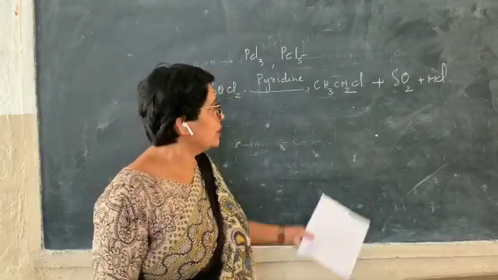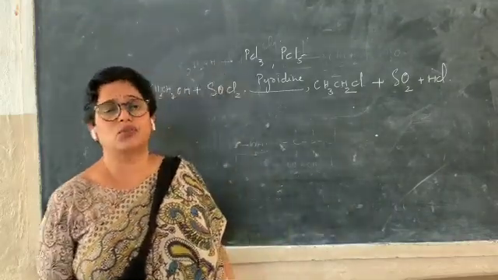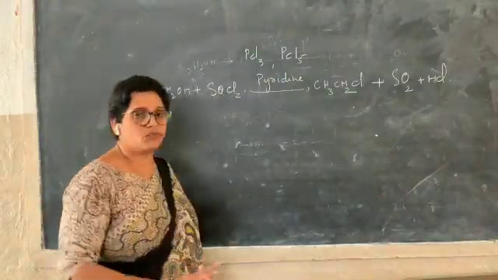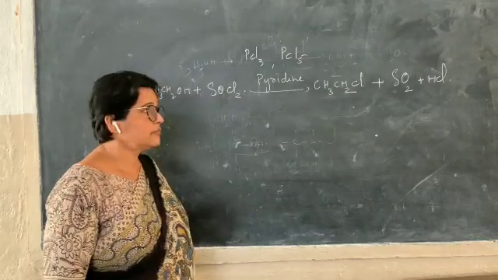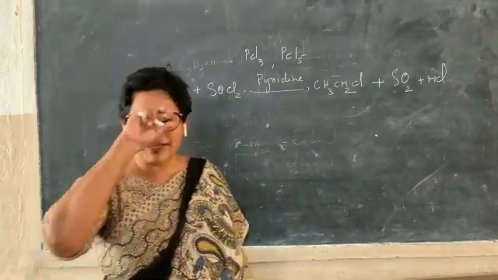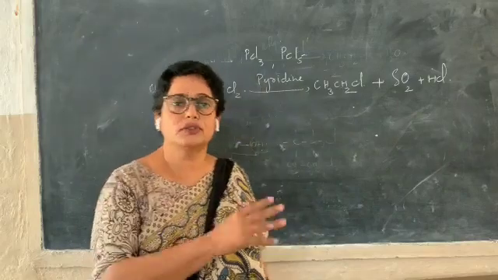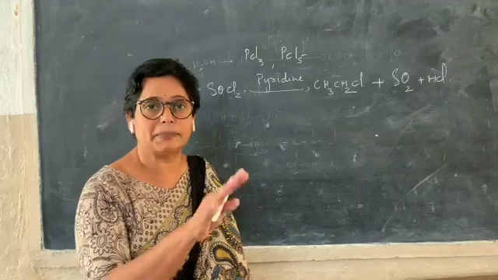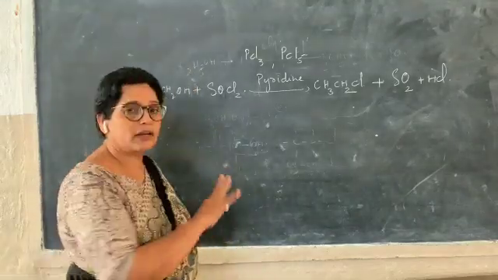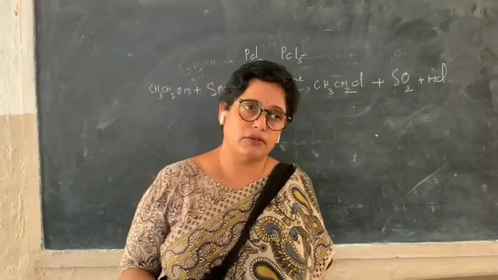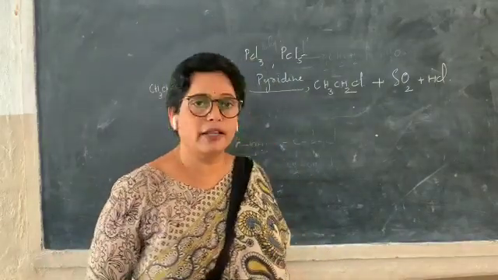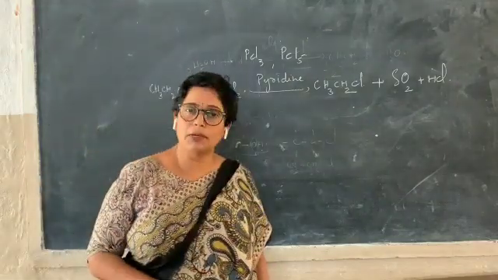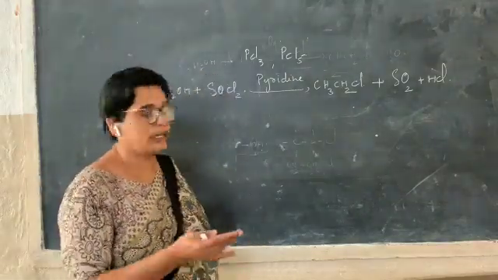In this case a mixture of HCl and SO2 will be evolved. This reaction has one importance, because if you want to prepare haloalkanes in purest form, we can choose this method, that is, reaction of alcohols with thionyl chloride. When alcohol is treated with thionyl chloride in presence of pyridine, the chloroalkane will be formed along with sulfur dioxide gas and HCl gas.